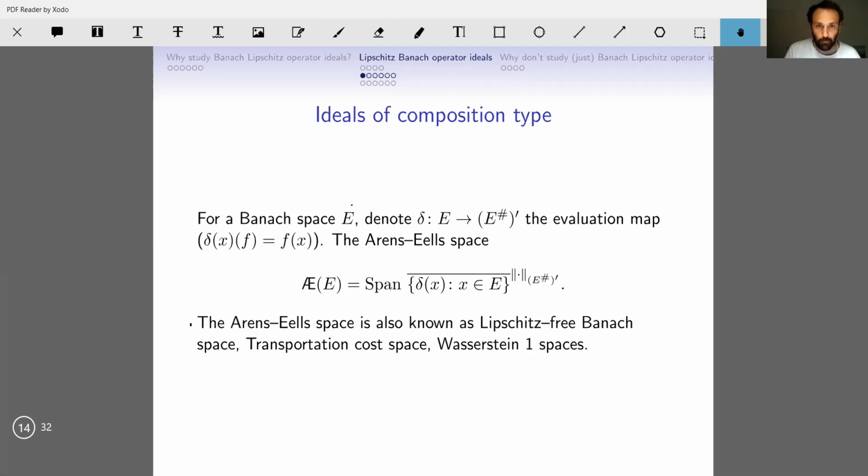This is a very hard space to study. There are many researchers who by now study this space. But well, I won't give many details of this space.